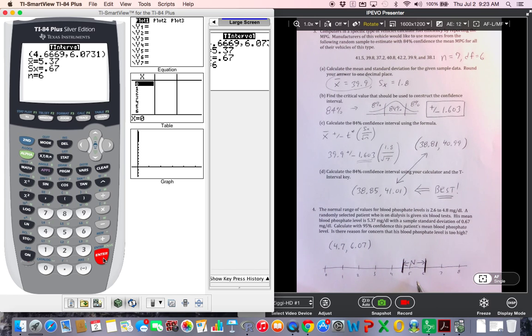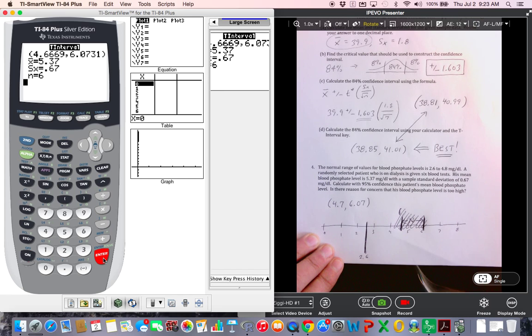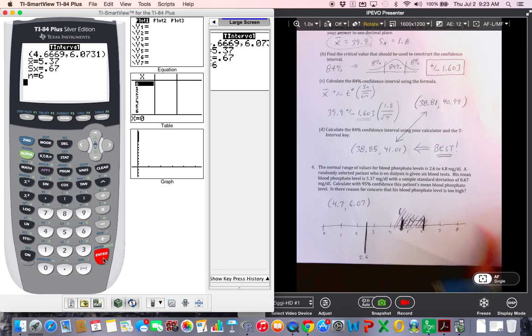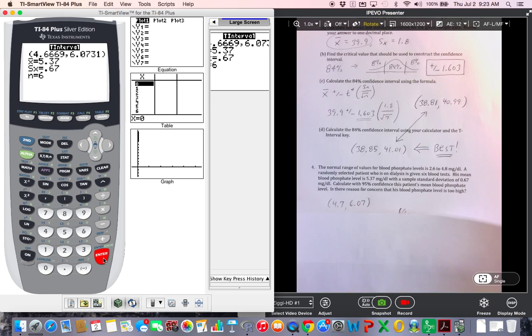This person's confidence interval ranges from 4.7 to 6.07. No, wait a minute. What am I talking about here? I'm getting all messed up. The normal runs from 2.6 to 4.8.